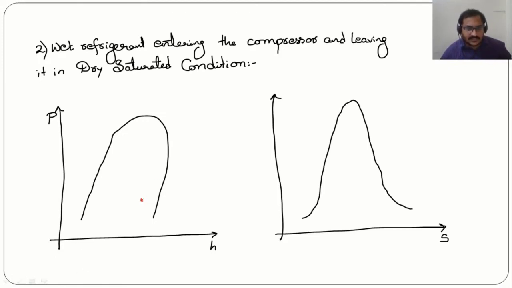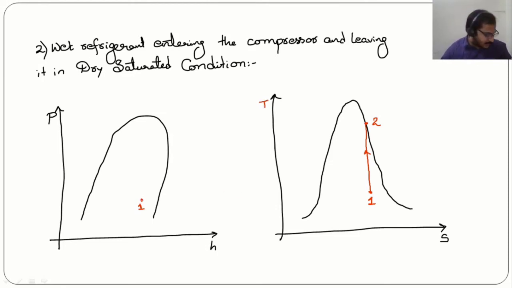Wet refrigerant is entering the compressor, that means condition 1 is here. Then process 1 to 2 is isentropic compression. So you should draw a vertical line in the TS diagram like this, and it is leaving the compressor in dry saturated condition. So point 2 should be on the vapor saturation curve.